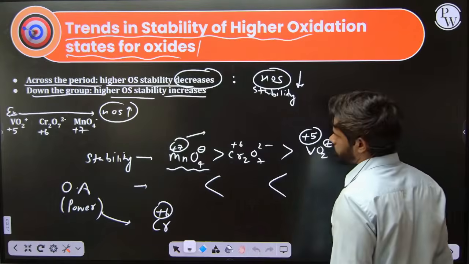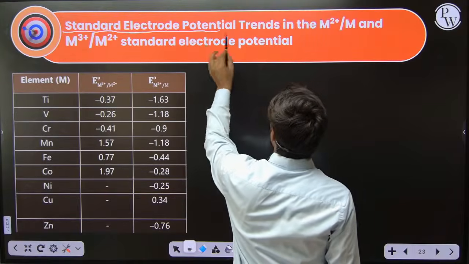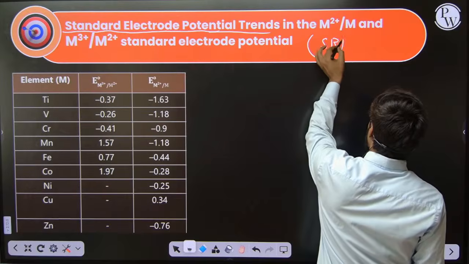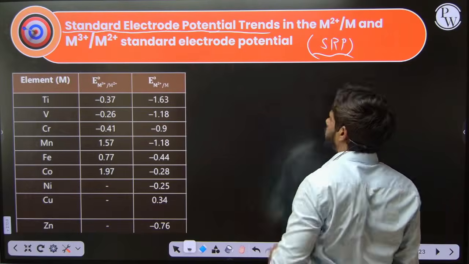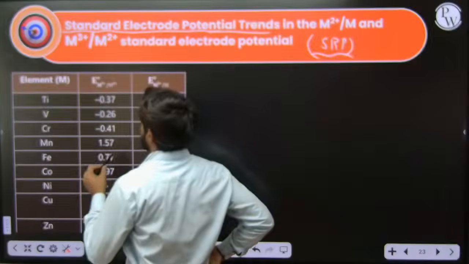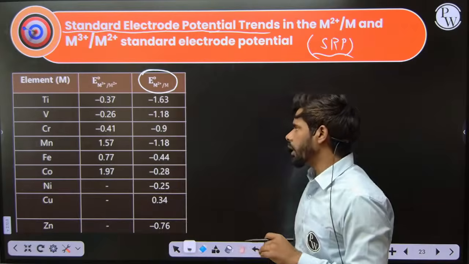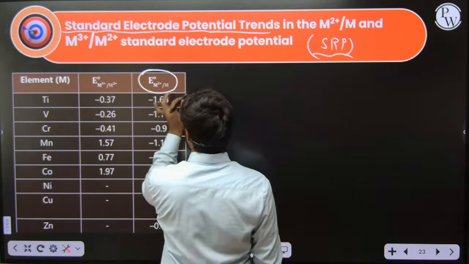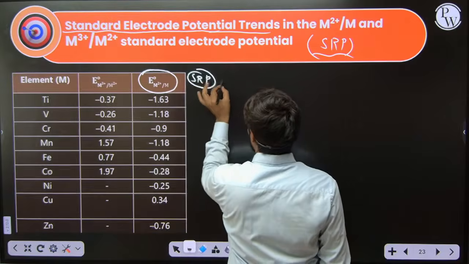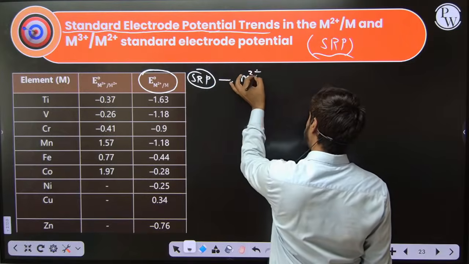Next, the standard electrode potential trend, that is the SRP value. Depending on the SRP value, we can now check for stability. First, for M2+ to M, the SRP value increases, since the metal 2+ is getting reduced to metal.